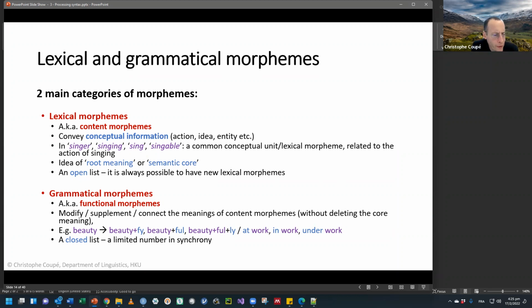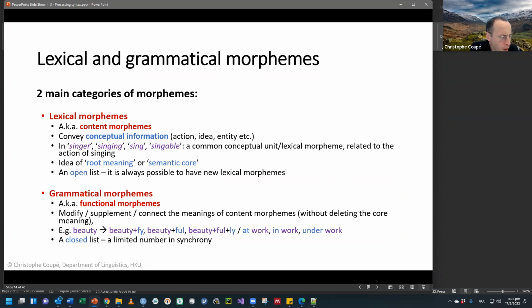If you think of singer, to sing, singing, song, singable, you can identify a common conceptual unit related to the action of singing. It's all about singing. So it's kind of the root meaning, the semantic core, the core meaning. That's yet another way to put it.